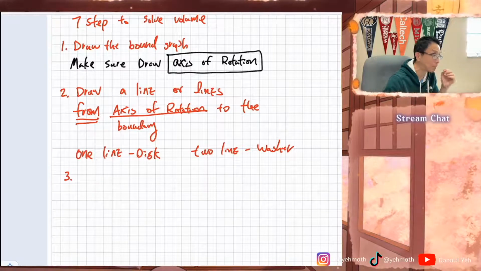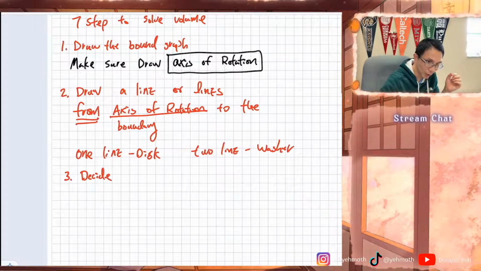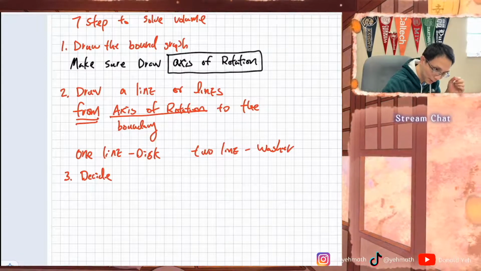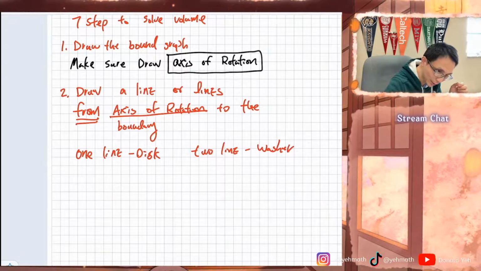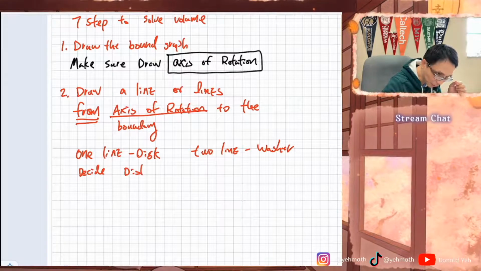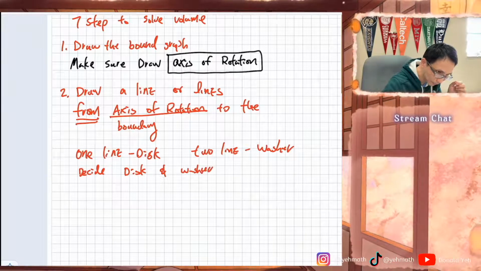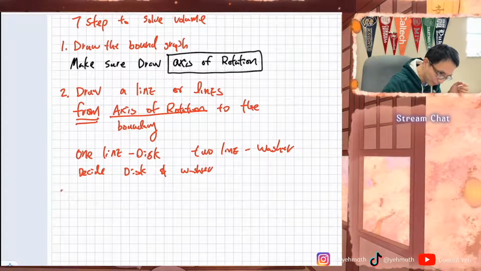Third, decide. In this step you decide whether it's a disk or washer. You draw one line first.